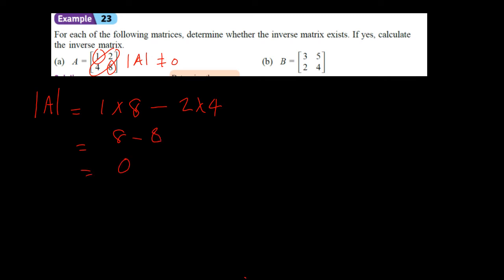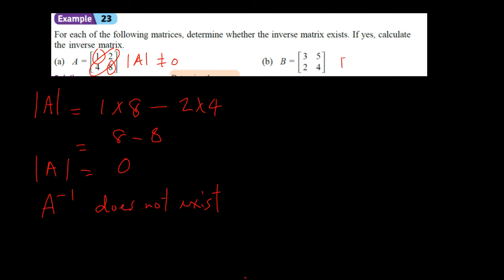You get 0. So when your determinant is 0, that means your inverse matrix A inverse does not exist. Okay, so what about B?